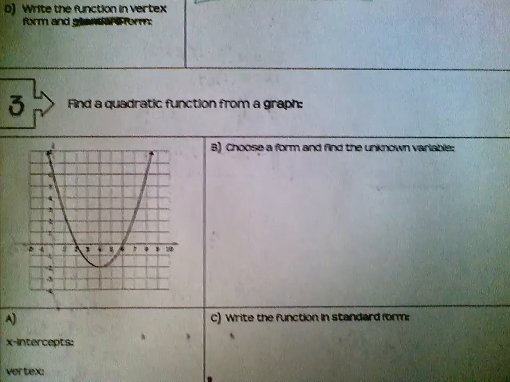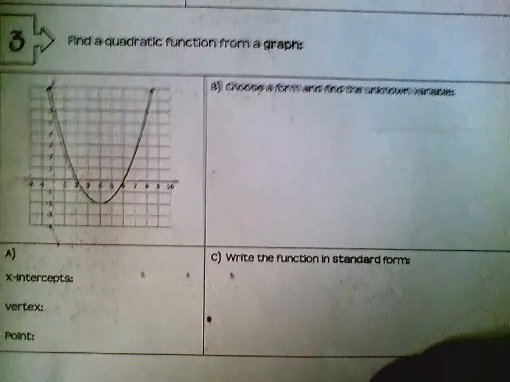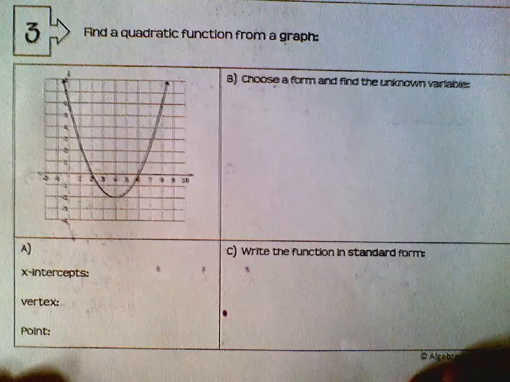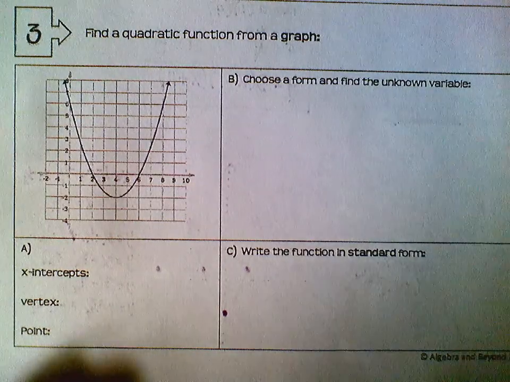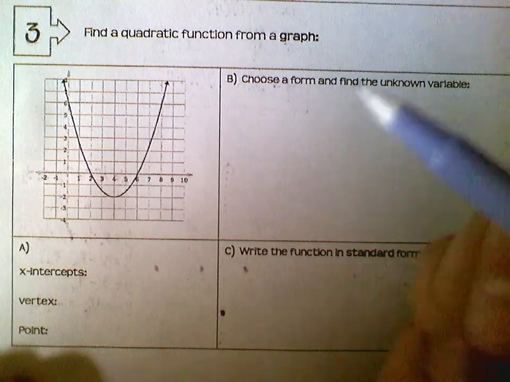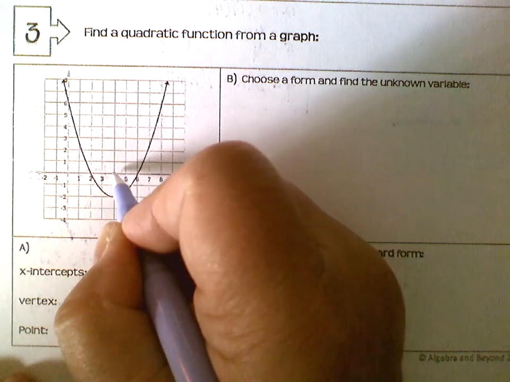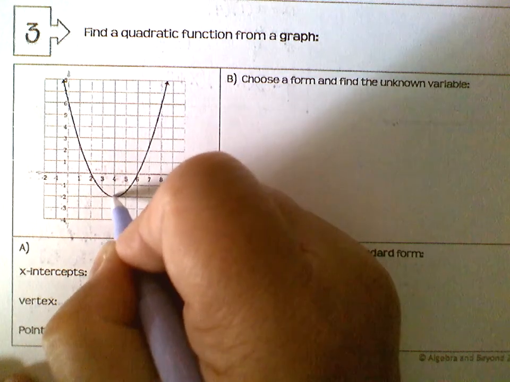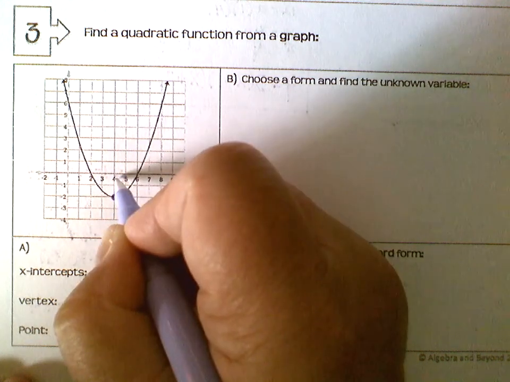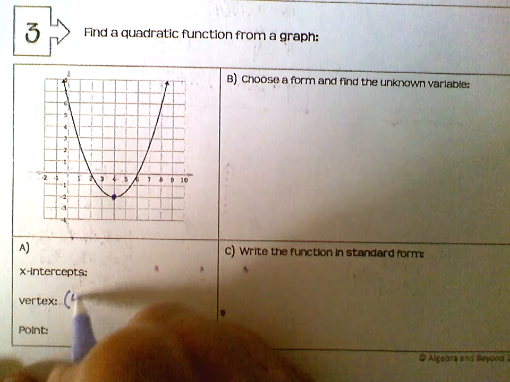So now we're given a graph, and we are going to write the equation. So let's take a look at this graph. This graph is a nice graph because we have a vertex right here, which is 4, negative 2.